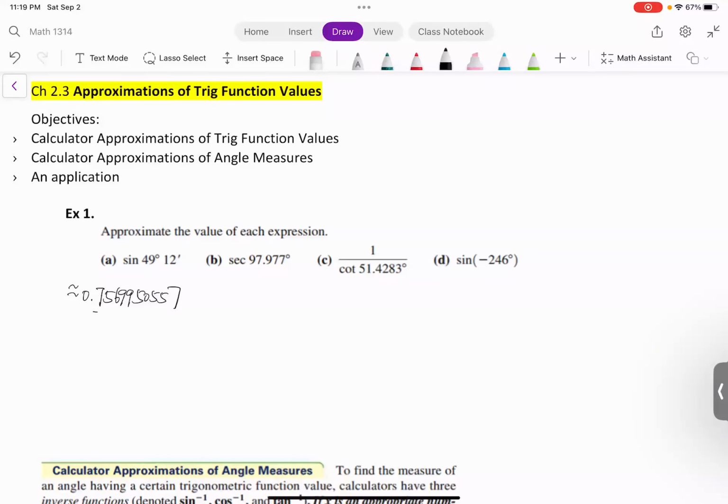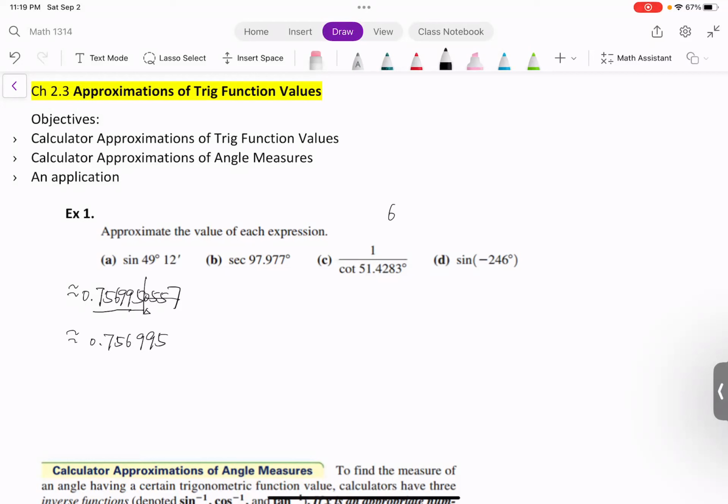If I only keep 6 decimal places, 1, 2, 3, 4, 5, 6, then I have 0.756995, because the digit after the 6th decimal place is 0, which is less than 5, so I ignore all the rest.